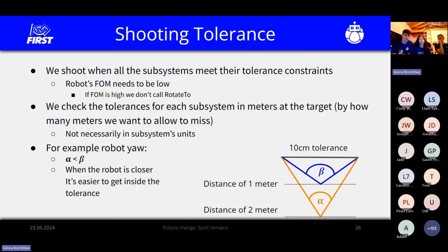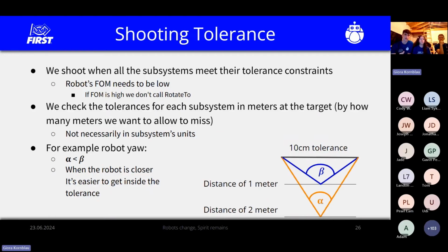Because if the form is high, we are not sure of our position, and we can be even a meter off if we got bumped in the middle, or skidded, or haven't reset our position for a while.